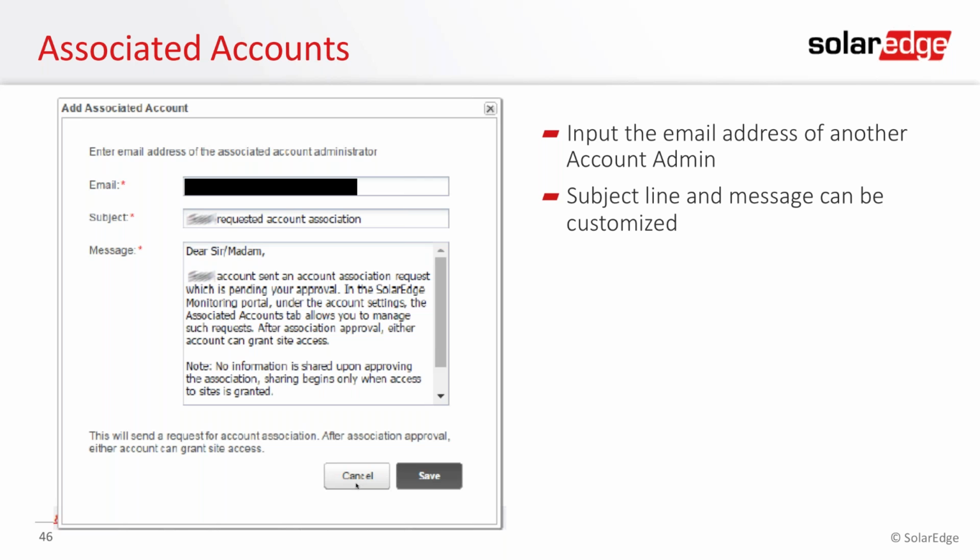It must be the original email account that was used to register. You have the option of editing the subject line and the message if you would like, or you can just use our default. Then you click the save and send button.